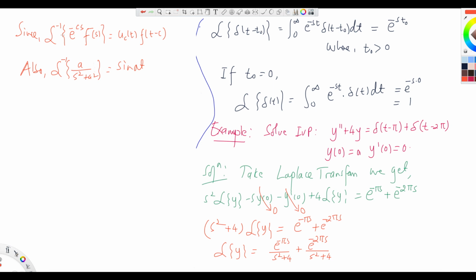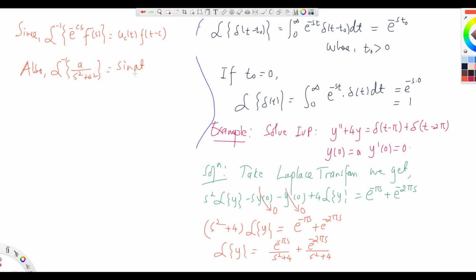Now look at here. For this function, you can write u_c of t times f of t minus c as the inverse Laplace transform. If you have that F of s, the inverse Laplace transform of that one will be sine at. When you take the inverse Laplace transform of this one, it will be u_pi of t and f at t minus pi.